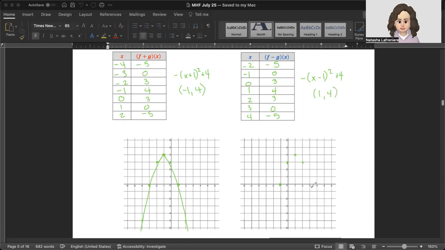So at 3, it is 0. Okay, there we go. And that is it. My goodness.